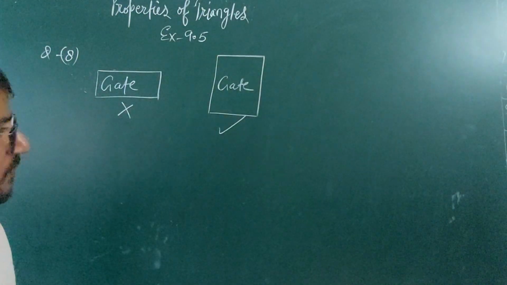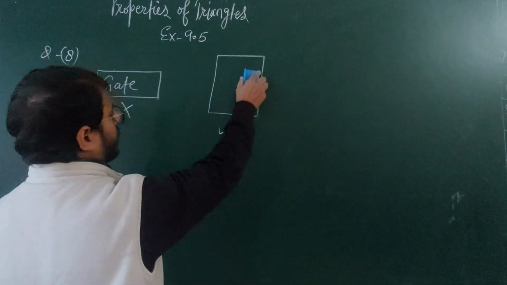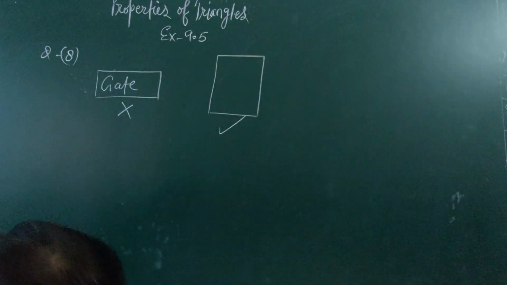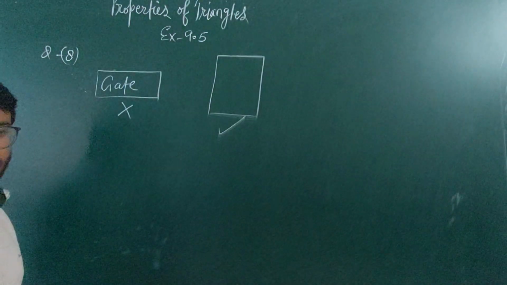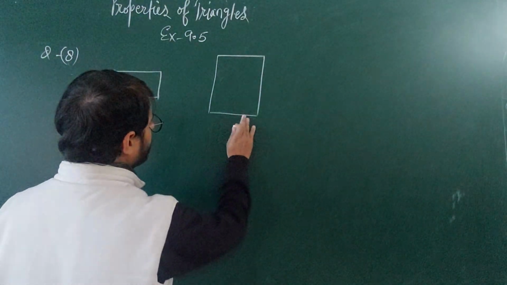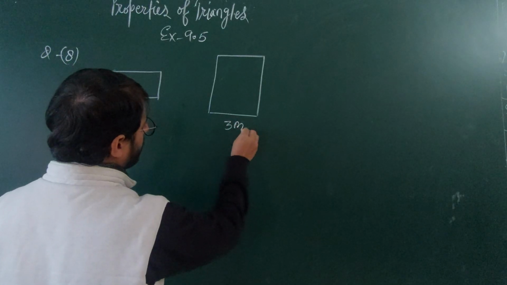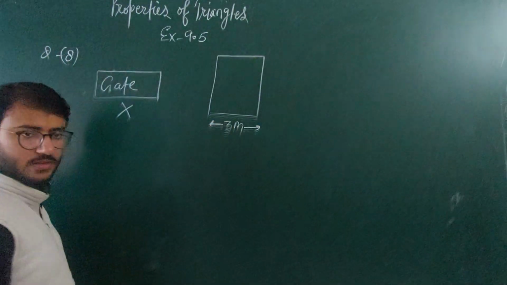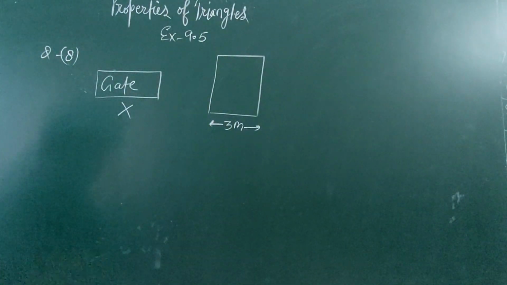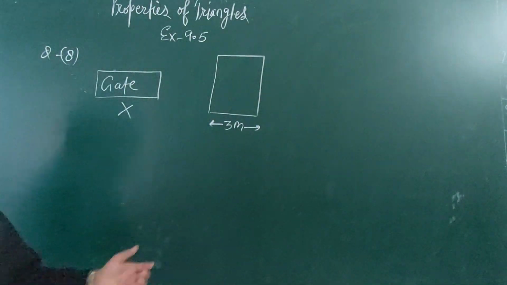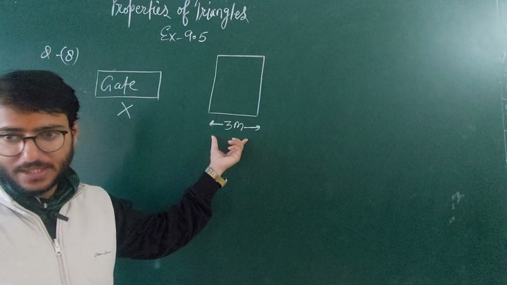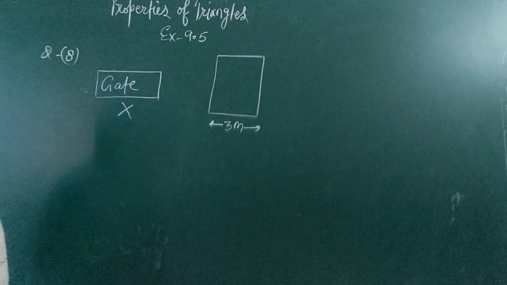Is it clear? Now, what is given to you? A rectangular gate is 3 meter wide. So this is 3 meter wide, means this is the width of the gate. Width means the width of the gate. So we will take this as 3 meter. First name the gate.